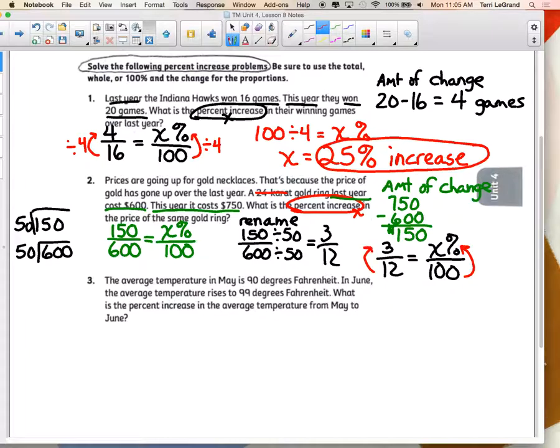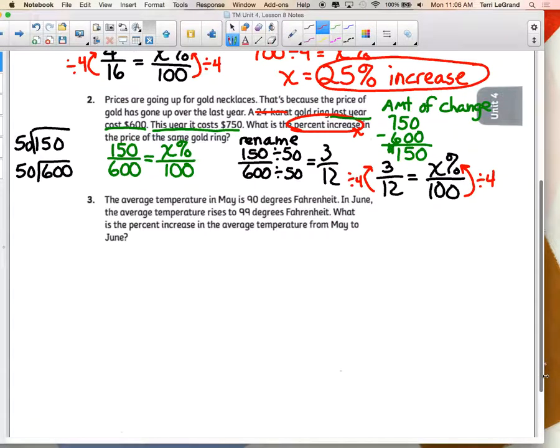So what do we have to do to 12 to get 3? Divide by 4. We're going from a bigger number to a smaller. Some of you are writing the wrong thing sometimes. So we need to divide. So now we have 100 divided by 4 equals X%.